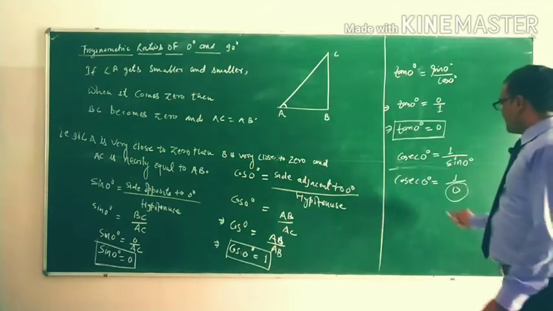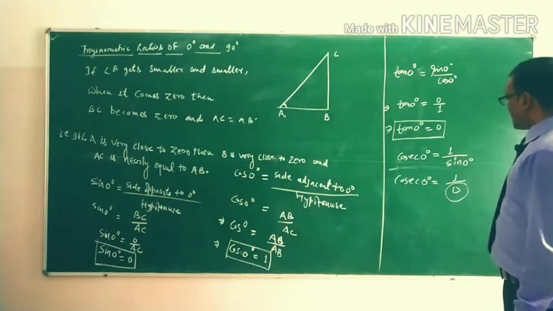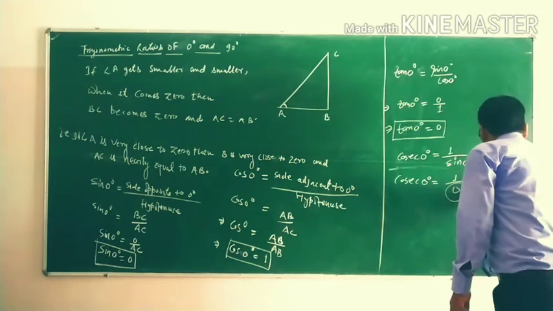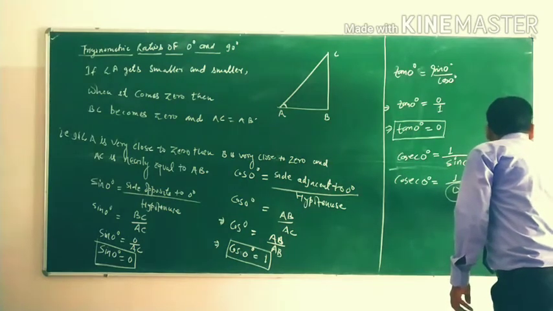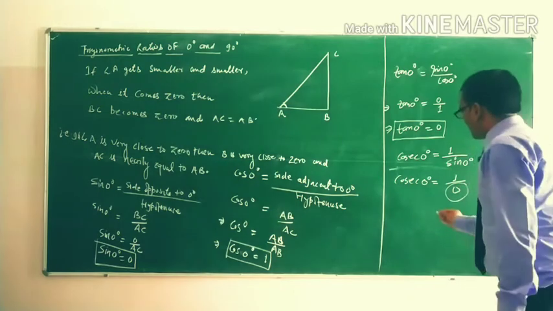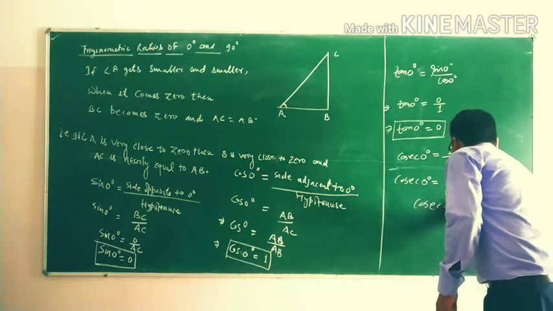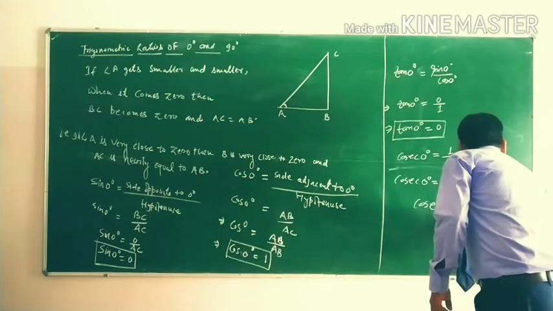That means cosec 0 degree is undefined. We cannot define the value of cosec 0 degree.